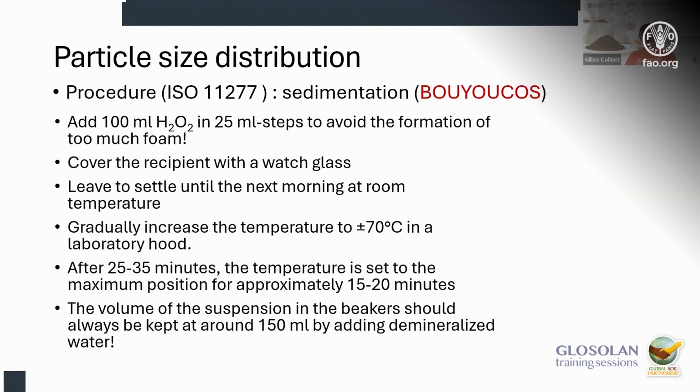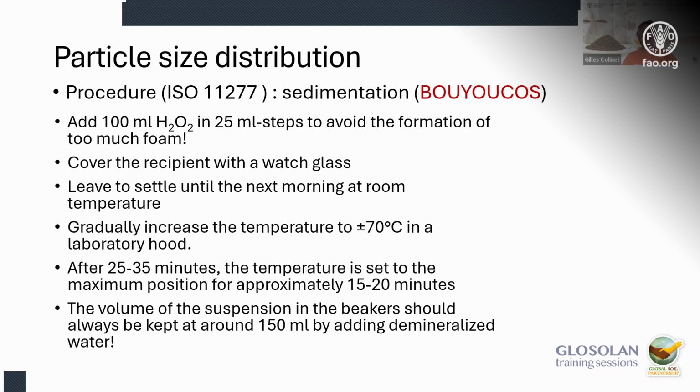So the first step is to remove the organic matter, and you do it with H2O2. In the procedure, you should add 100 milliliters of H2O2 in progressive steps, because according to the content of organic matter in the soil, I will show you some images of what you should not do.